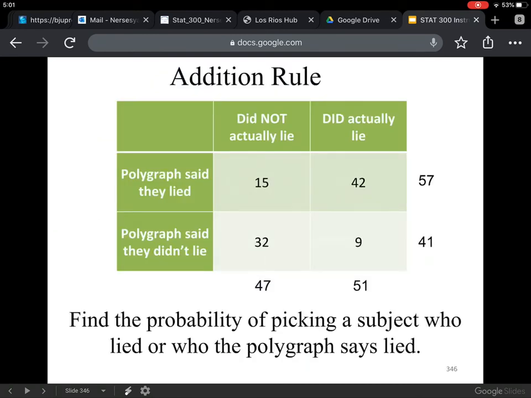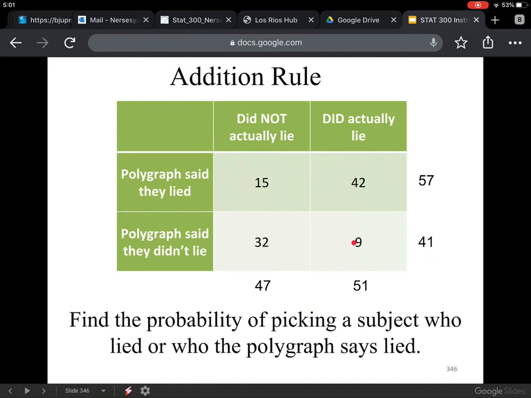Here's some more contingency at the very end here. We've heard about lie detectors, right? Polygraph test. And so here are some results for a polygraph test. During a polygraph test, this row stands for polygraph said that they lied, right? And then we actually found out that some did not lie and some did lie.